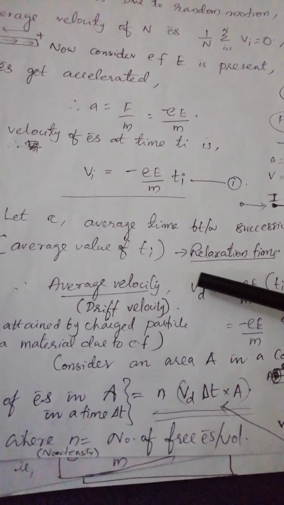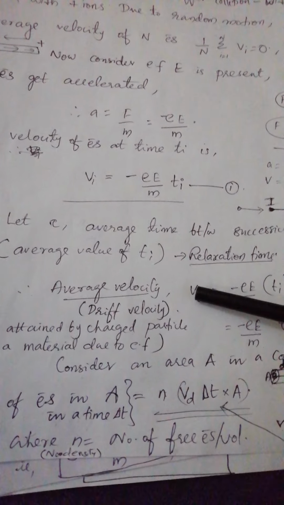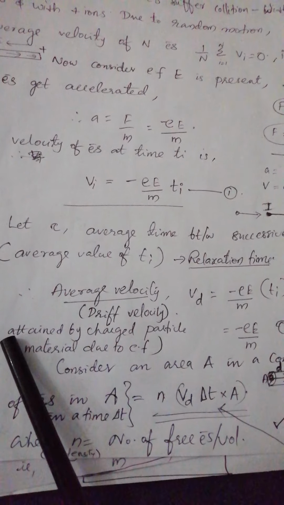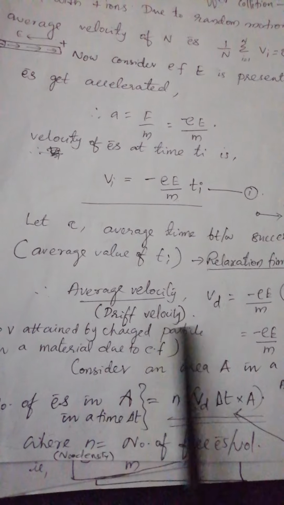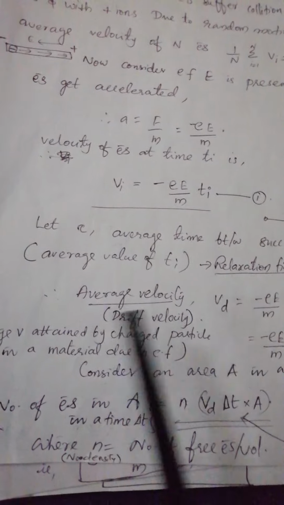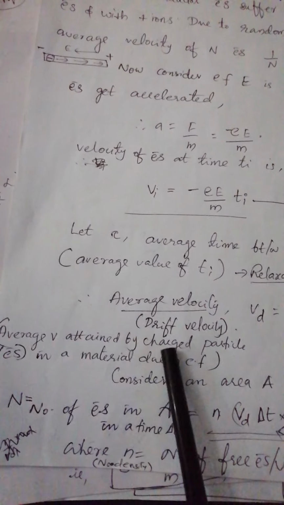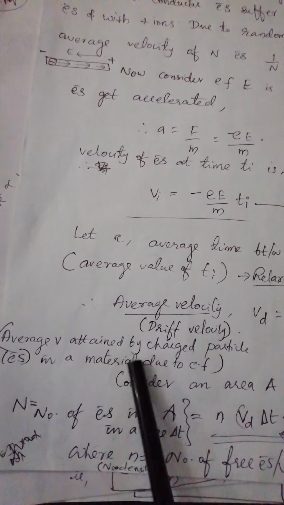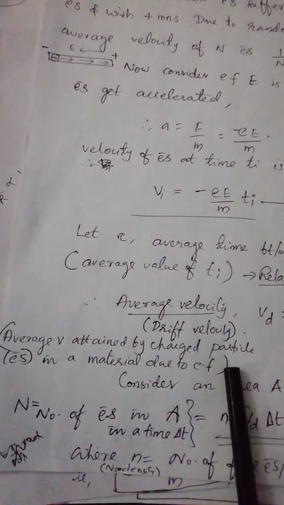So here average velocity is called drift velocity. Drift velocity means the average velocity attained by a charged particle. Here the charged particle is an electron. That is, the average velocity attained by a charged particle in a material due to an electric field.